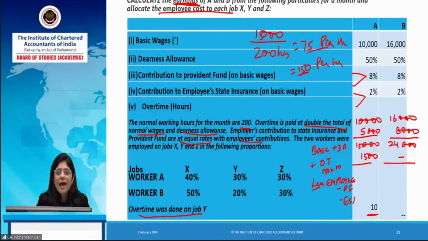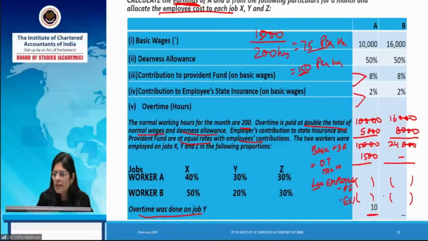We have to calculate first how much A and B will receive in hand. When we calculate the earnings, employee contribution will be deducted. But when we calculate the cost of employee, then employer contribution will be added. So both are totally different. Clear?